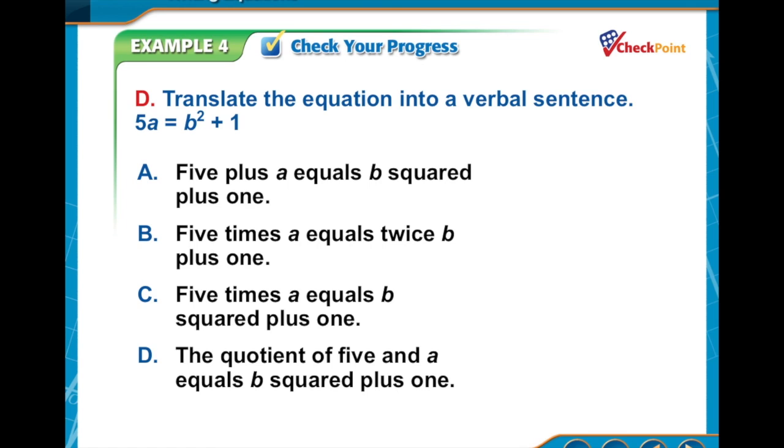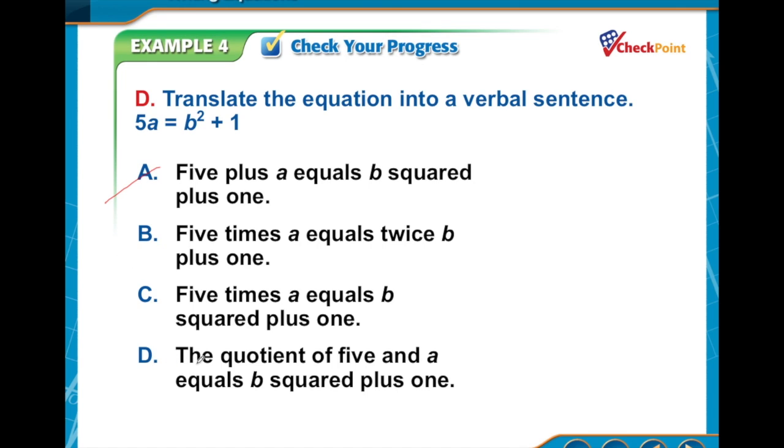For D, same process. Given this equation, one of these four answers is right. So let's look at the possibilities. We see, let's look at A. 5 plus A. Okay, this is 5 plus A. There's no addition here. This is multiplication. So A does not look right to me.